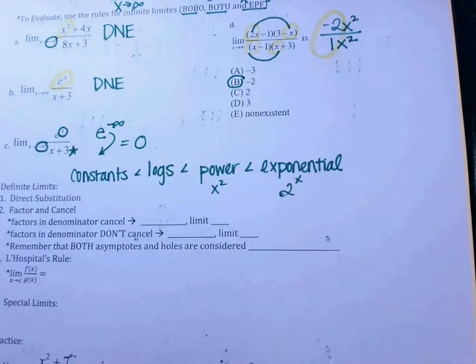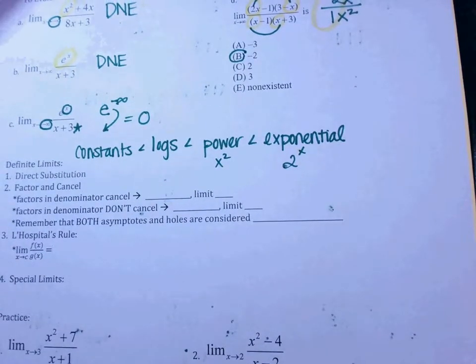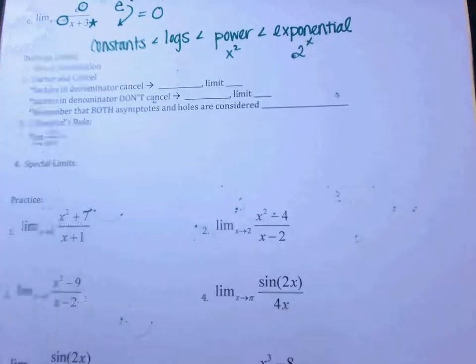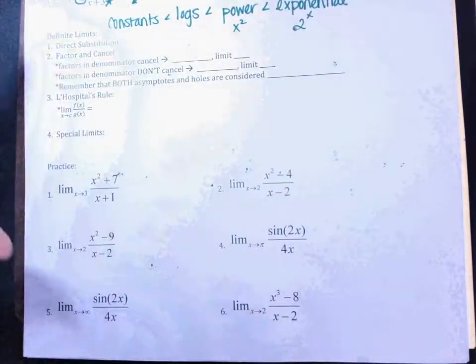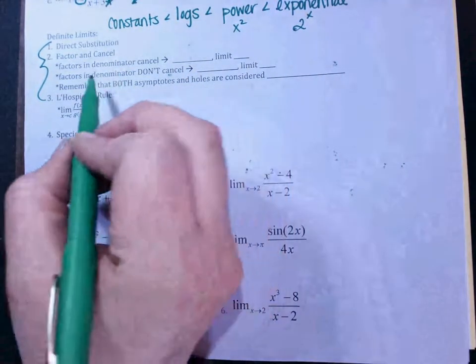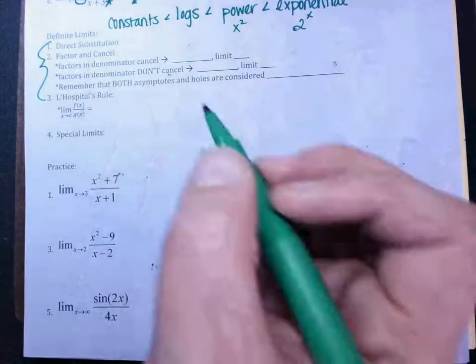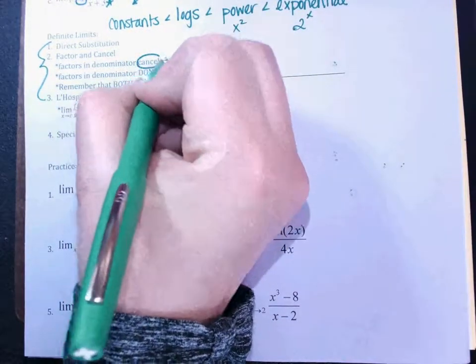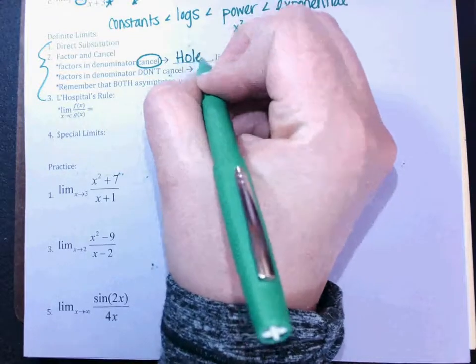Alright, other ways to evaluate limits. So what we just did are infinite limits, because you're going to infinity. If you're going to a number, these are all the different ways that we talked about how to evaluate them. The first one's direct substitution, plug it in. Okay, remember you can also factor cancel. If it cancels, it's going to create a hole in the graph.